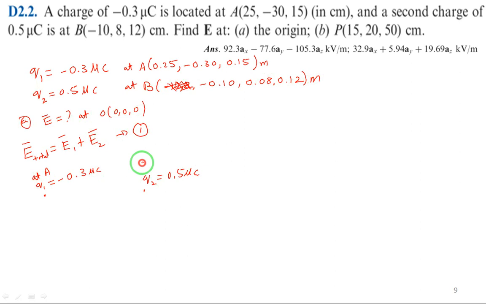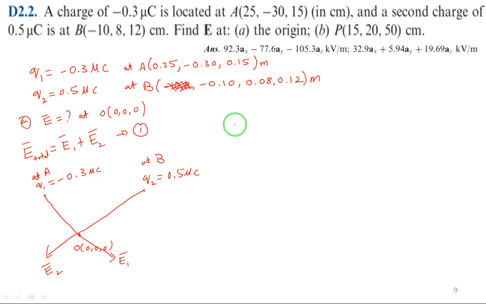I am not writing the coordinates, I have already written them here. Then I want to find out the field at the origin, whose coordinates are 0, 0, 0. Due to Q1, I have called it E1, and due to Q2, E2. So the total electric field intensity at this origin is E1 plus E2.